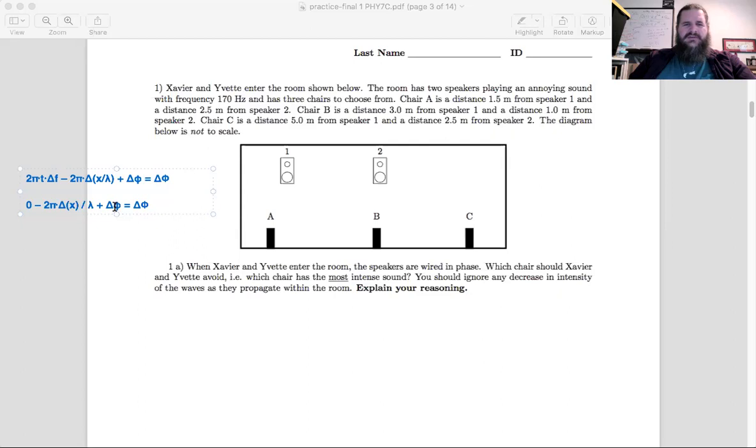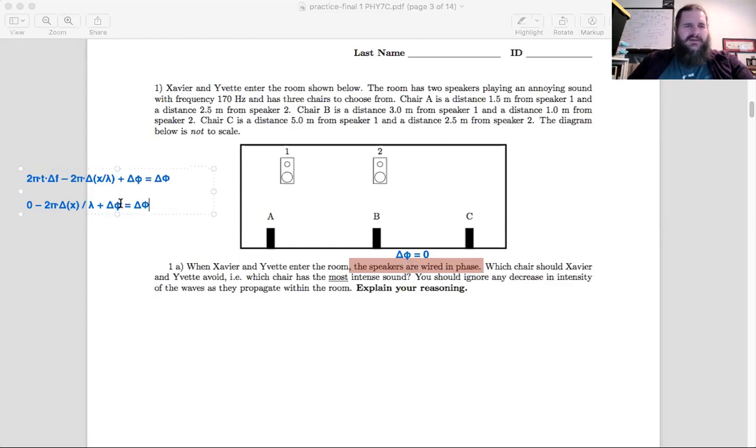What about phase shift difference? Is there any difference in phase shift between 1 and 2? Probably not, right? Because it specifically tells us, in part A at least, the speakers are wired in phase. So we know there's no difference in delta little phi, as not to be confused with delta capital Phi, the difference in total phase.